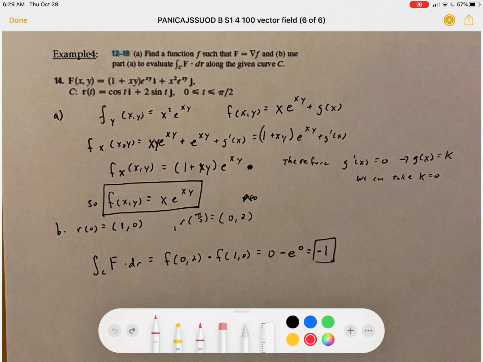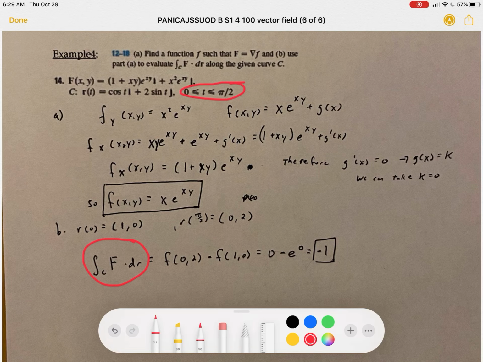Now that we have a potential function, our vector field is a conservative vector field because it's the gradient of f. So now we can go ahead and just take the line integral as the net change of the two endpoints. I'm going from 0 to pi over 2 on t.